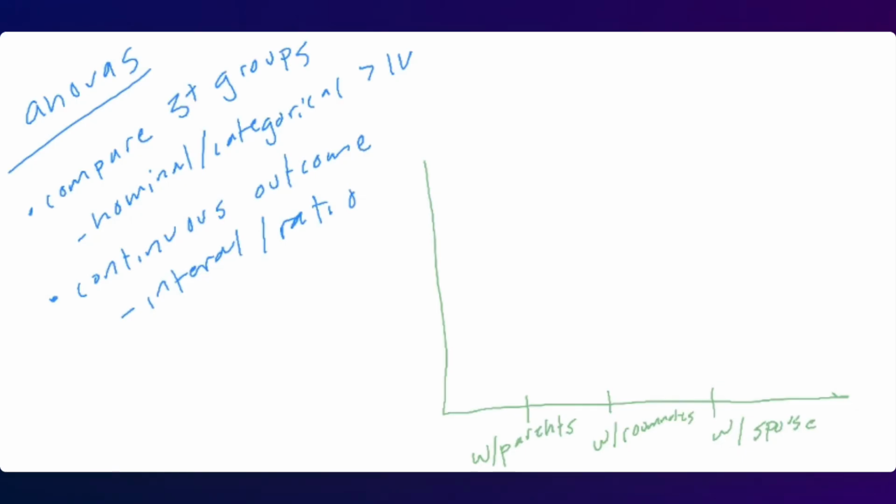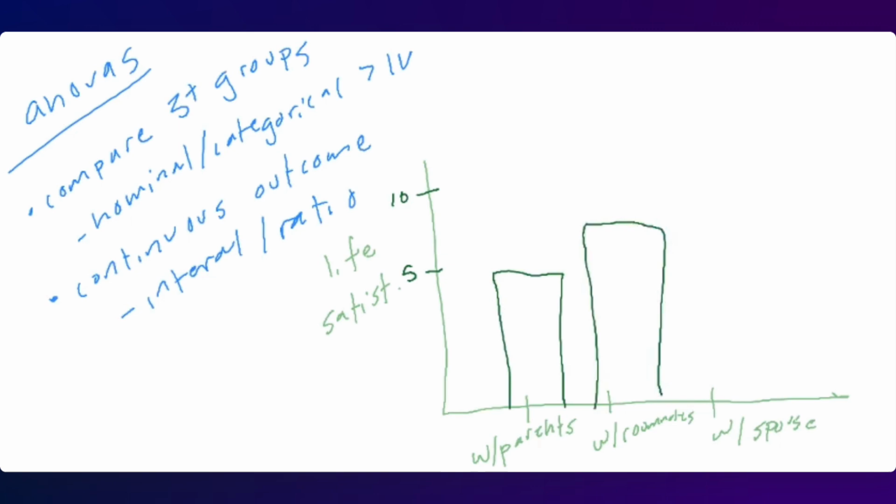Maybe we have another one, with family, for people living with siblings or grandparents or aunts or uncles, right? Other family structures here. So let's start with just these 3, and let's say we just want to look at their life satisfaction. So life satisfaction, let's keep it simple again and say we're looking at it on a 0 to 10 scale. Let's say for those living with parents, 5, with roommates here, spouse here.